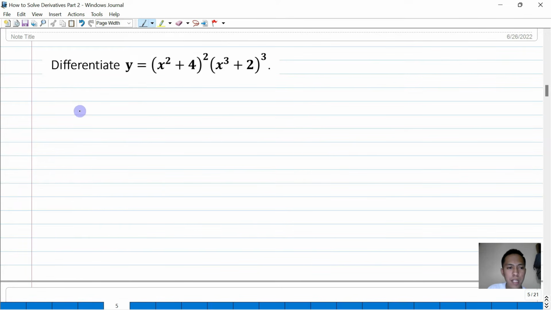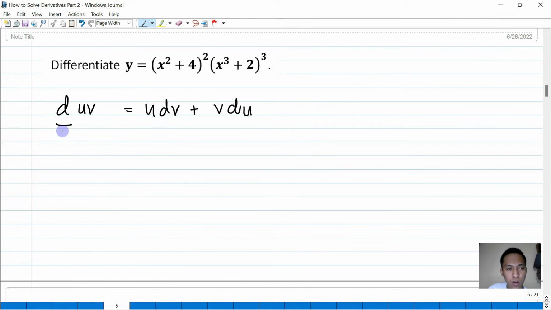So yung product rule natin, if you have two functions or two expressions na nakamultiply to each other, let's say the derivative of uv, that is just equal to: copy the first function, differentiate the second function, dv, plus copy the second function, v, and differentiate the first function, u.